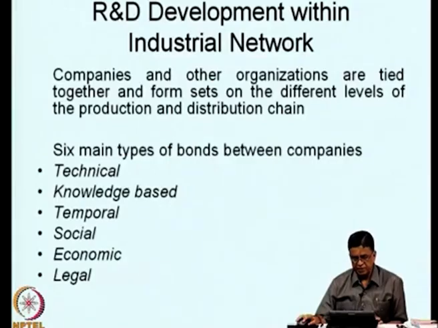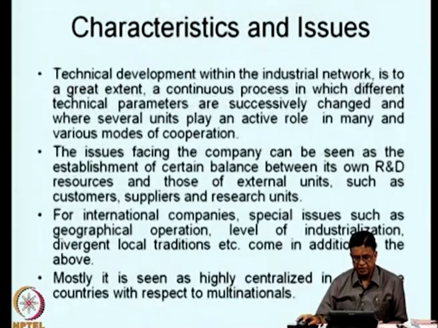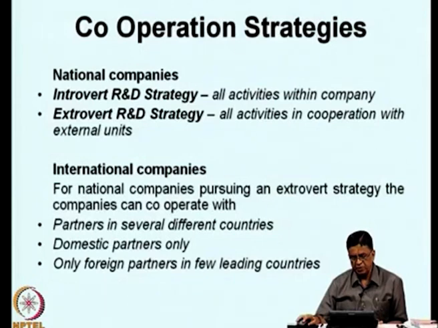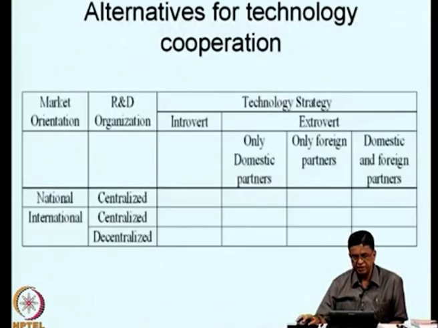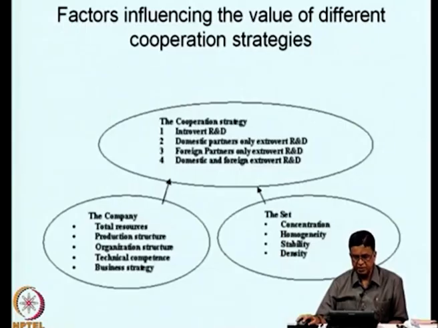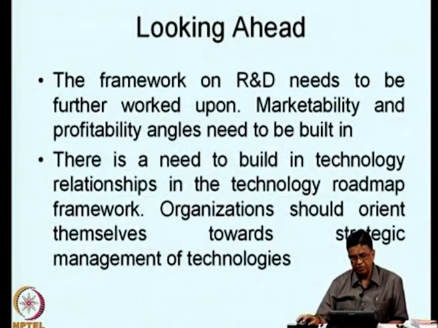Then we looked at R&D development within the industrial network, what are the characteristics and issues, what is meant by the cooperation strategies between R&D of national companies and international companies, and what are the factors which are influencing R&D. So, when we are looking ahead on R&D, we said the framework on R&D needs to be further worked upon.